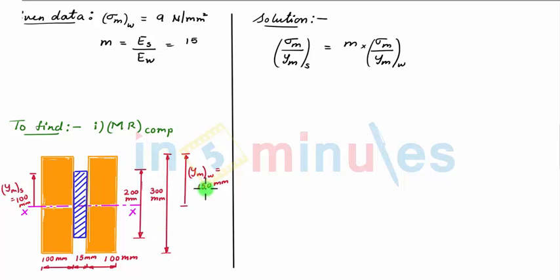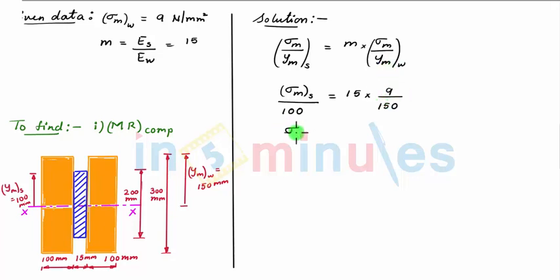So if we substitute the value of sigma max of wood equal to 9 Newton per mm square, we get sigma max of steel upon y max of steel, which is 100 mm, equal to m times, m is 15, multiplied by sigma max of wood, given as 9 Newton per mm square, upon y max of wood equal to 150.